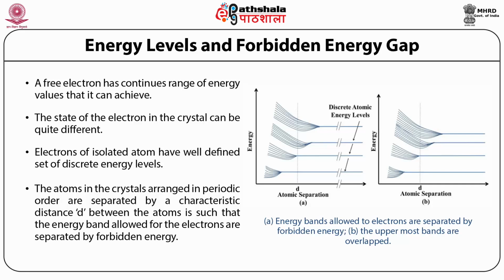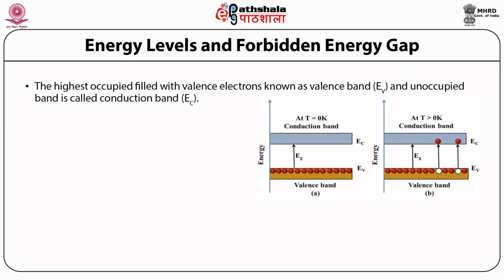The energy bands possess all energy states which are permitted for an electron. The highest occupied band, filled with the valence electrons, is known as the valence band, and the unoccupied band is called the conduction band. The valence band is represented by EV and the conduction band by EC as shown in the figure.